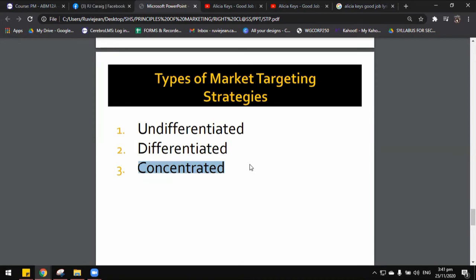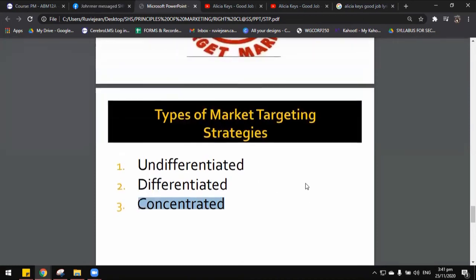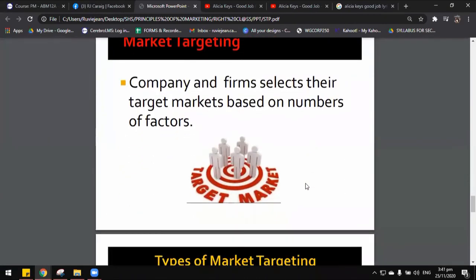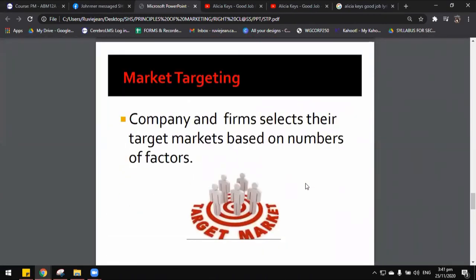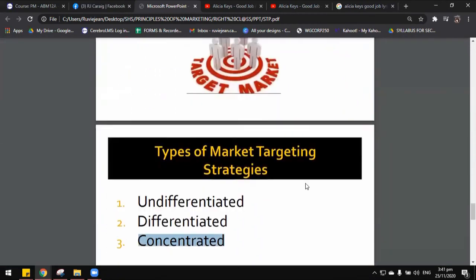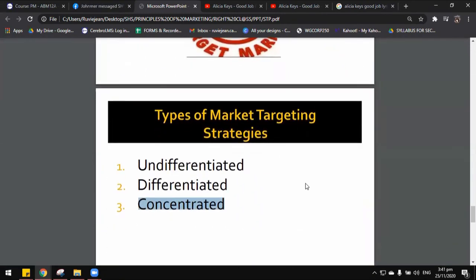Okay, so that's the next one class. For market targeting, this is the next stage, 'di ba? Sabi natin, una, pagsama-samahin ng pare-pareho. Next stage naman, class, is pipiliin naman natin kung paano bang market targeting strategies ang balak natin na gawin para dun sa segment na napili natin.